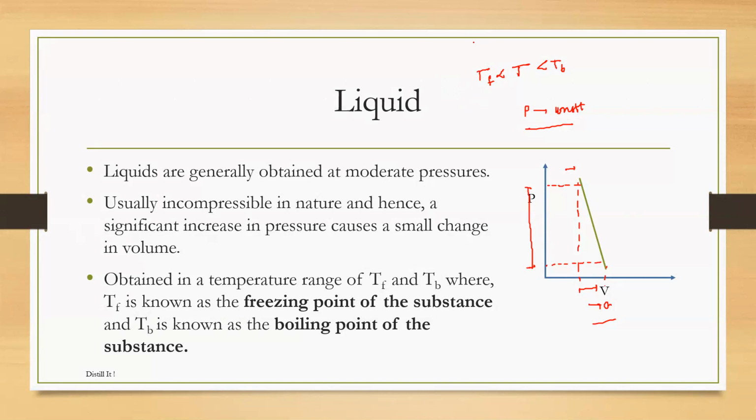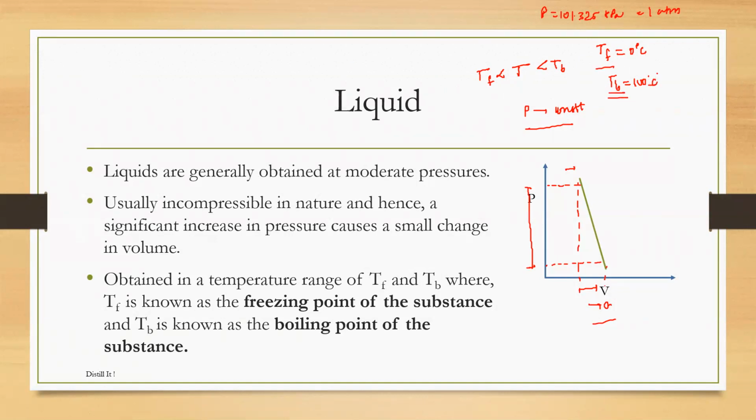For example, at a pressure of 101.325 kilopascal, or simply 1 atm, 1 atmospheric pressure, water's freezing point is 0 degrees Celsius and water's boiling point is 100 degrees Celsius. Hence, water is obtained in liquid state between these temperatures.